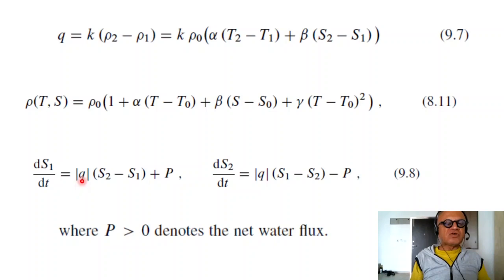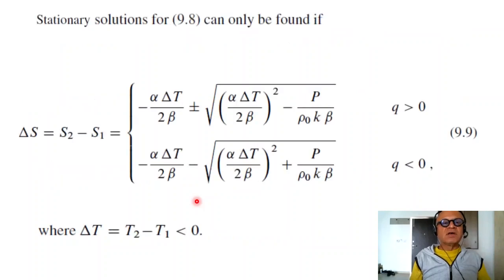You can use the magnitude of Q because the direction of transport doesn't matter for these equations, and dS2/dt can be similarly written as magnitude of Q times S1 minus S2 as opposed to S2 minus S1 minus P. So those are just salinity conservation equations for exchanging of water between the two boxes.